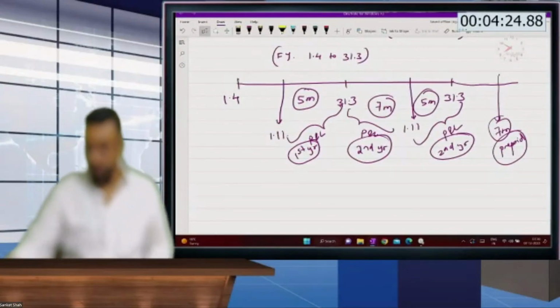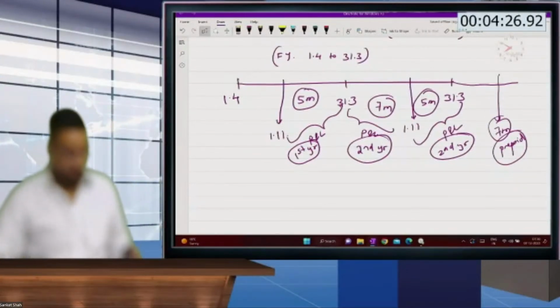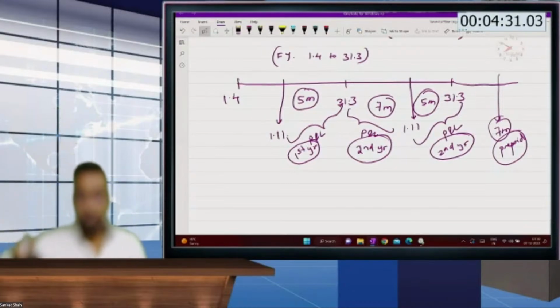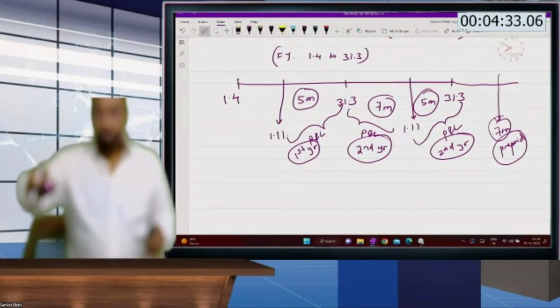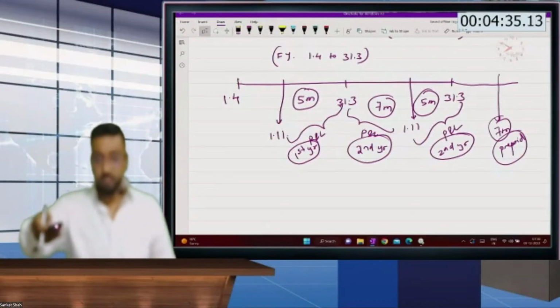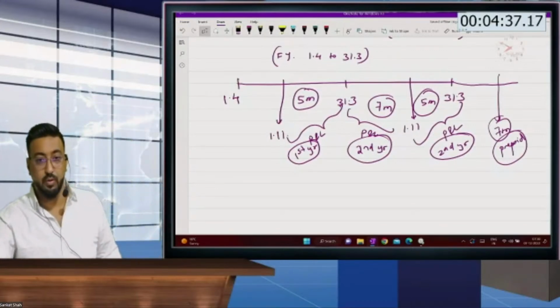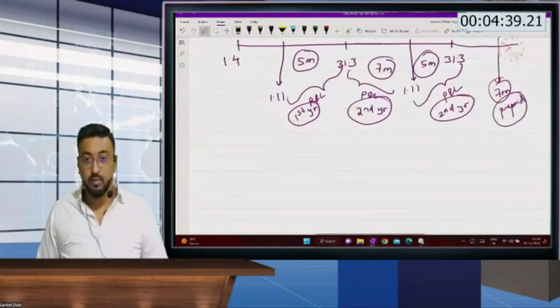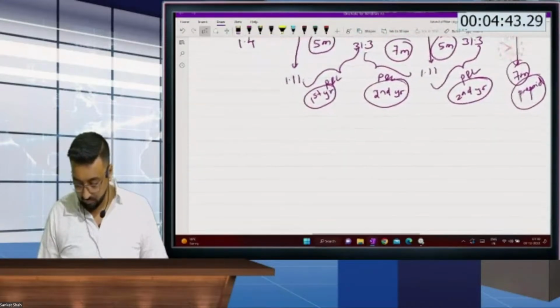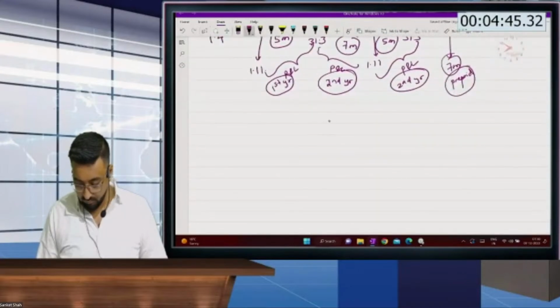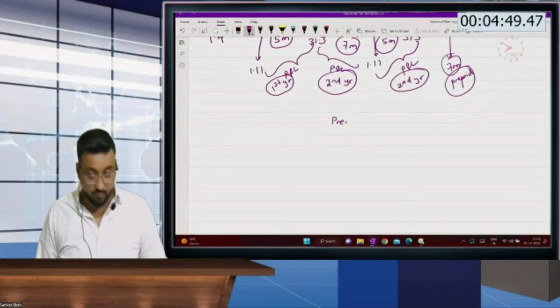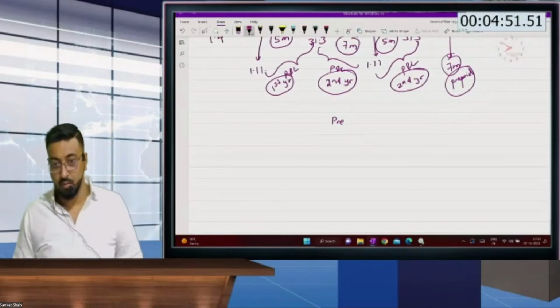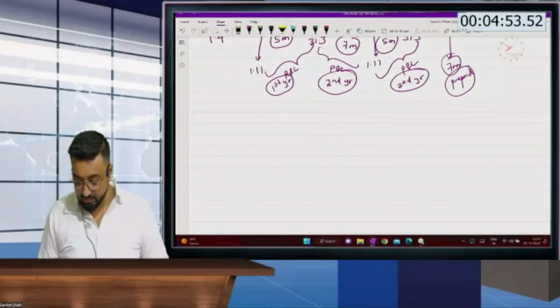Okay beta. So prepaid expense. Camera problem. Expenses.